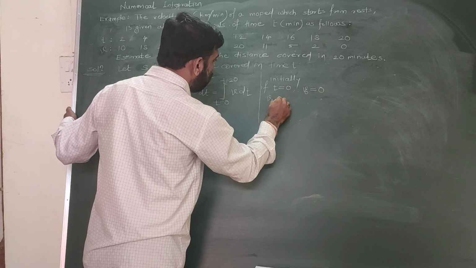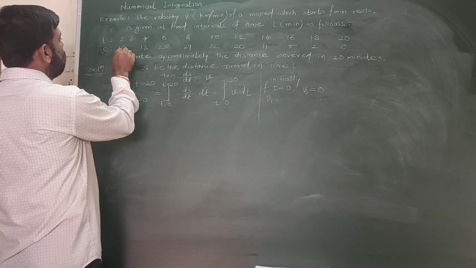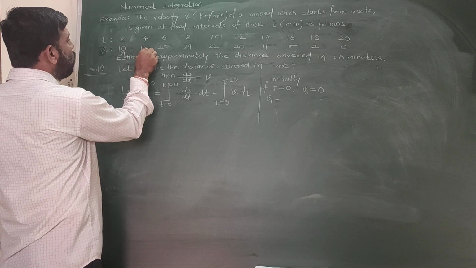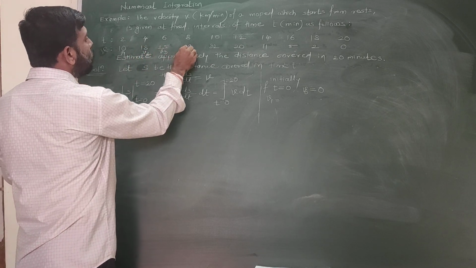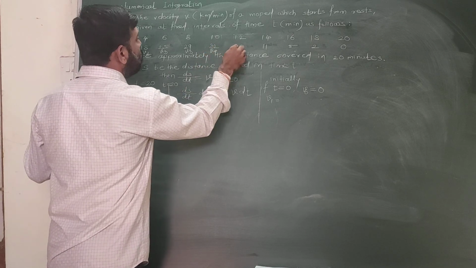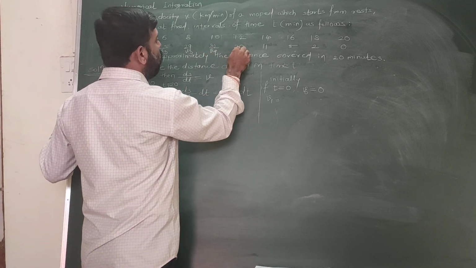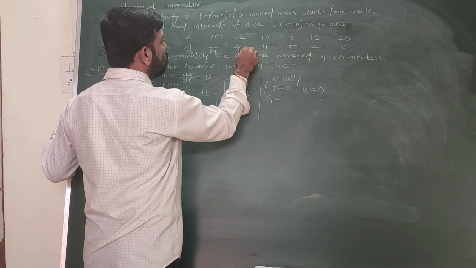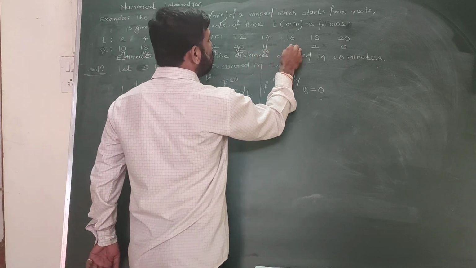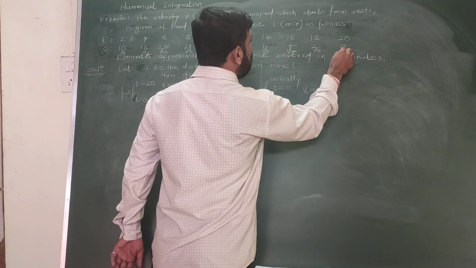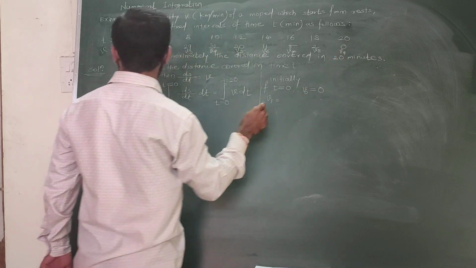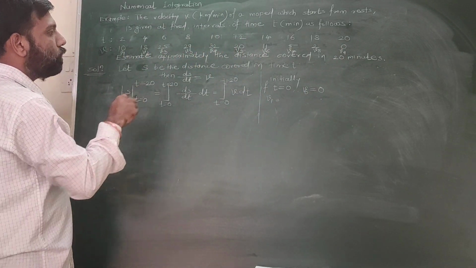Now v1, v2, and so on respectively. We are giving here these notations v5, 6, 7, 8, 9, and v0 first.